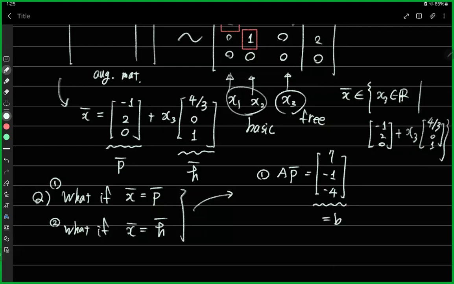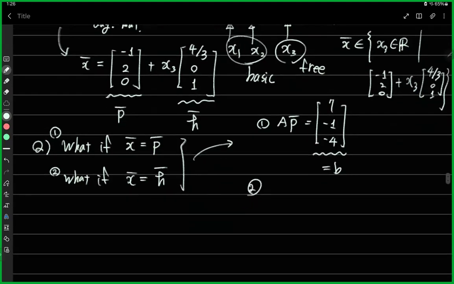This equals b. So second one, what if x bar is h bar? Can you get the h bar from the parametric vector form? No, right? Well, we figure out what we get. A times h bar, then you're going to get the 0 vector, actually: 0, 0, 0.